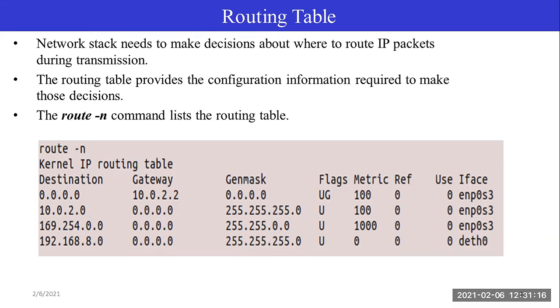Although this routing table is visible to the application layer, you can check it, and you can also add a few entries, but these are the default entries added by the IP layer whenever the driver is loaded into the system.